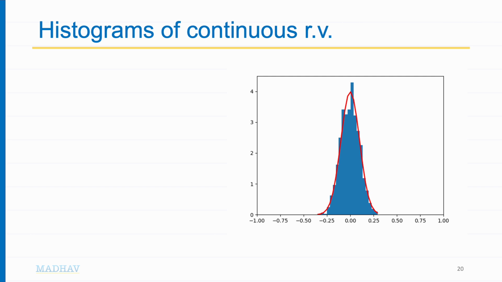What is quantization? You have a continuous random variable, let's say between -1 to +1. In this case, it's a normal distribution with a mean 0 and standard deviation of 0.1. And I took 1,000 samples from there, and I said, okay, with these 1,000 samples, I want to look at the histogram. And to make the histogram, I used 20 bins.